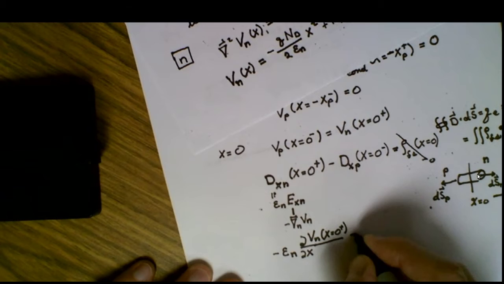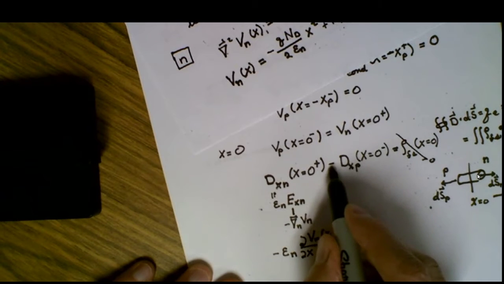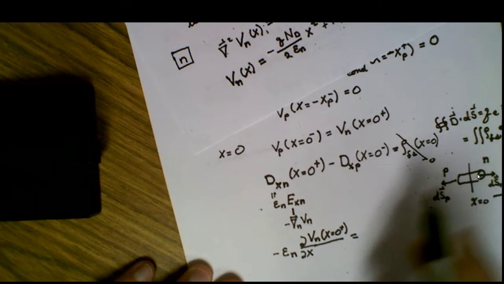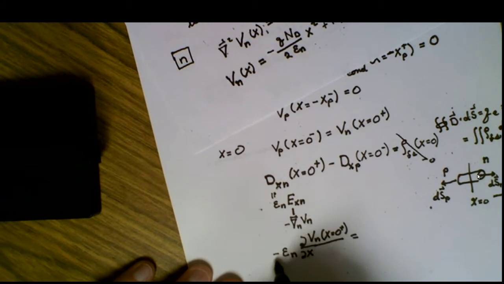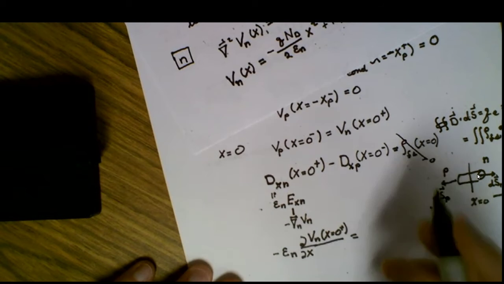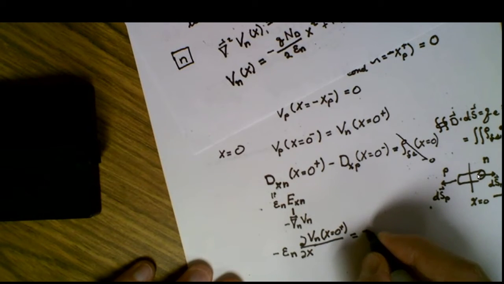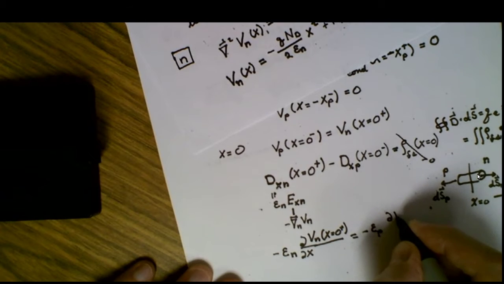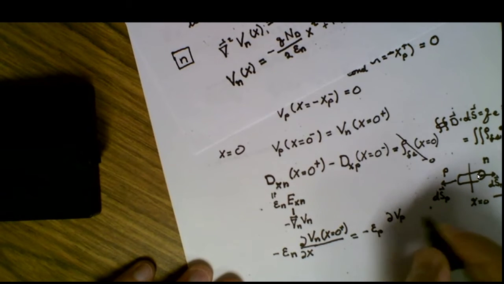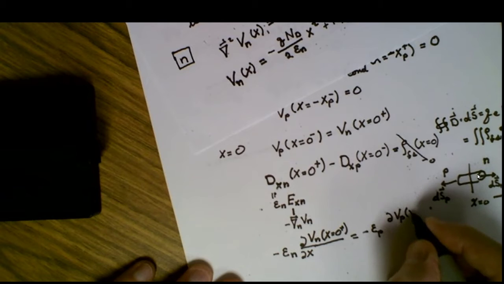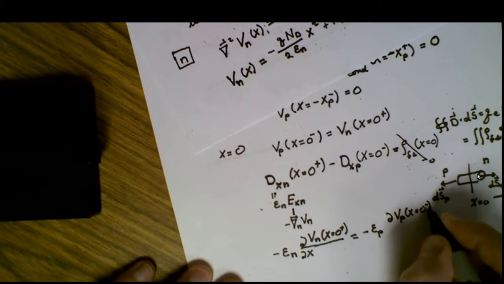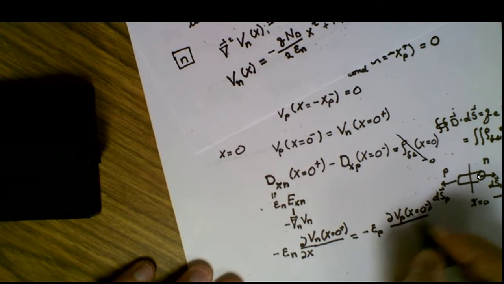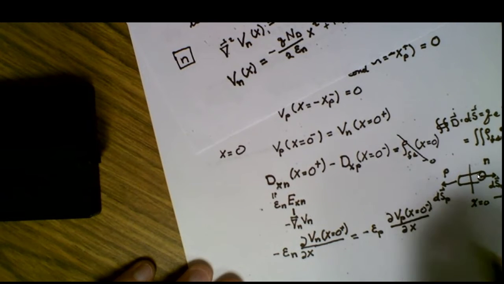and that's going to be equal to, this sign goes from a negative to a positive when I bring it to the other side, but because the gradient is also related to in a negative way, I must retain the minus sign, times the permittivity times the change of the potential of our P material at x is equal to 0 minus, looking at variations with respect to x.